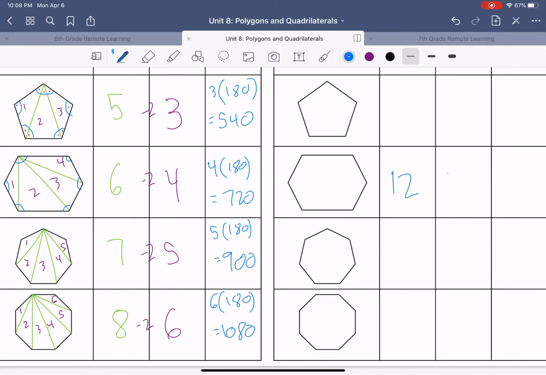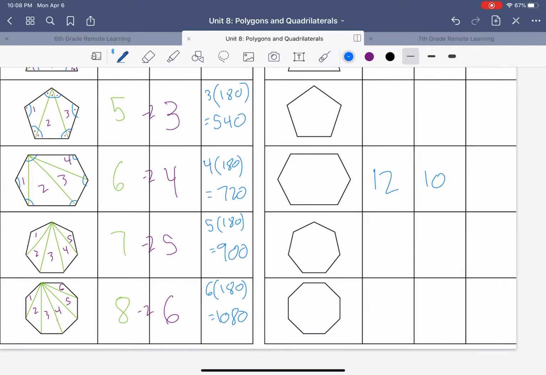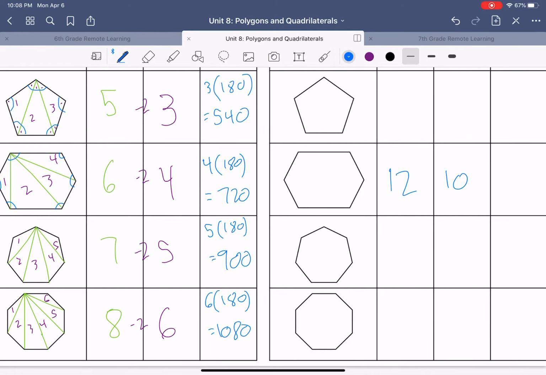The number of triangles would be 10. And so I would find the interior angle measures by doing 10 times 180, which gives me 1800. If I had a 23-gon, I know that there would be 21 triangles based on my pattern. So to find the angle measure of my 23-gon, I would do 21 times 180. And that is whatever that is. Okay?